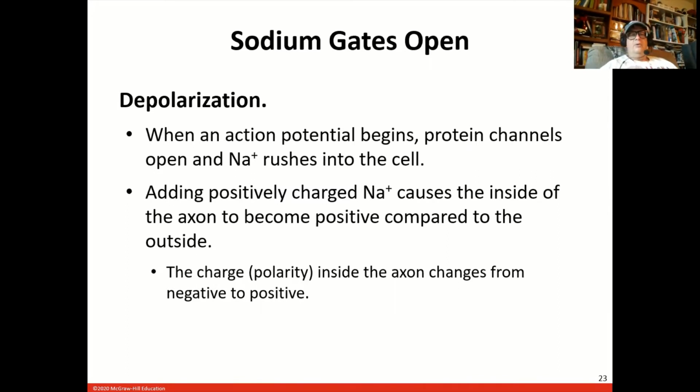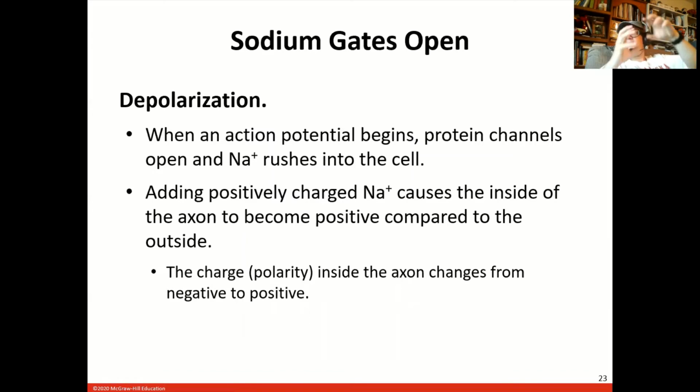So when an action potential begins, the protein channels open, sodium rushes into the cell. All that sodium coming in makes it positive compared to the outside, and you've got voltage gated channels. They're channel proteins, and they have gates, little trap doors.